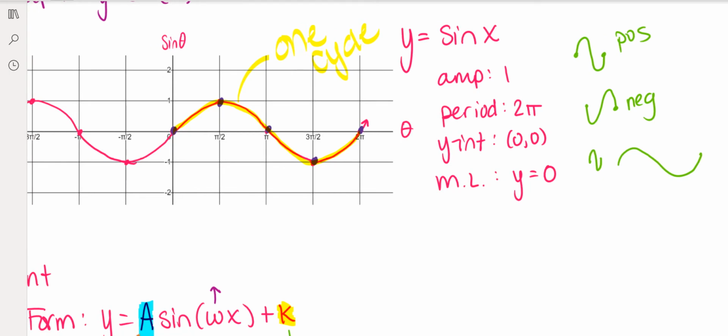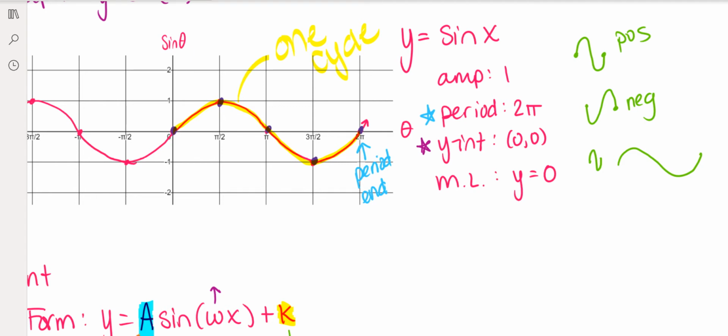So let's start with the period. I'm going to try and color code this stuff the best that I can. So period, look right here. There's the period. It ends at 2 pi. So I'm going to actually call that the end. It's the end of one cycle. Then I'm going to go to the y-intercept.